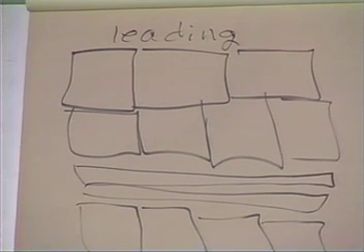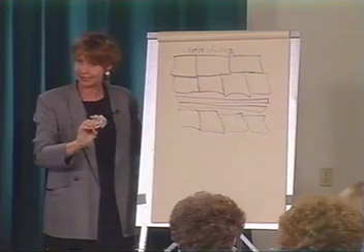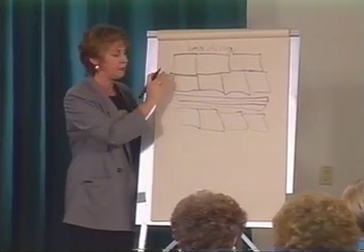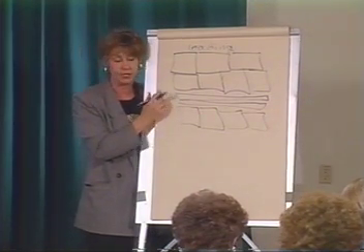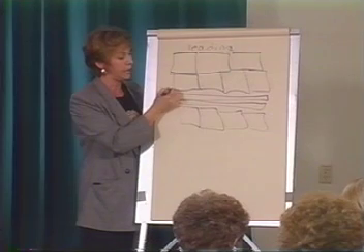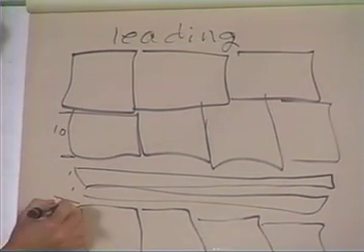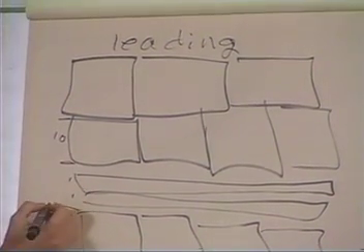So now you can be very sophisticated. If you see that in your desktop publishing book and someone says leading, you can say, no, no, no, it's leading, not leading. Now, we use the same term, and we measure it exactly the same way the typographers did. You've got a 10-point block of type, and say you've got 2 points of lead. That makes a total of 12 points from here to here.